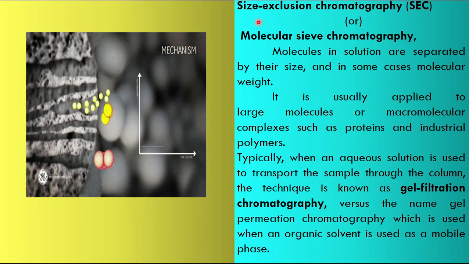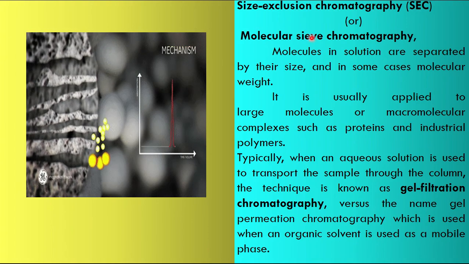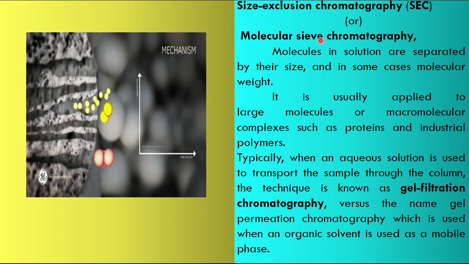The next type of principle in chromatography is size exclusion or molecular sieve. In this type of principle, the molecules are separated based on their size. Sometimes it also depends on their molecular weight. This type of principle is applicable especially for biomolecules which are very large in size, that is macromolecules such as proteins and industrial polymers.